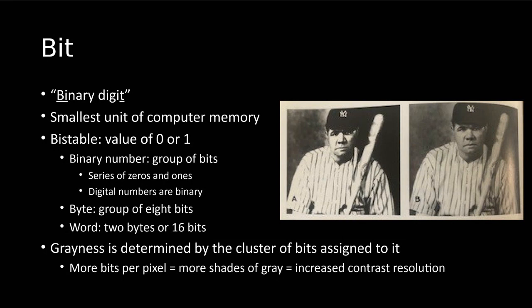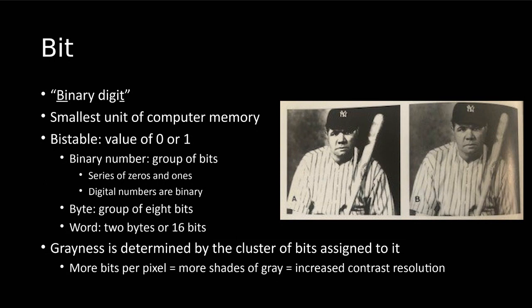Don't be confused with this being high contrast. High contrast is actually less shades of gray. So when we have increased contrast resolution, we're actually viewing a picture that has more shades of gray, so we're getting more individualized information on that picture.